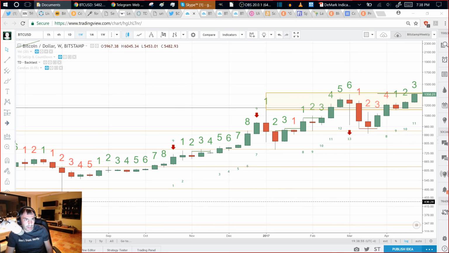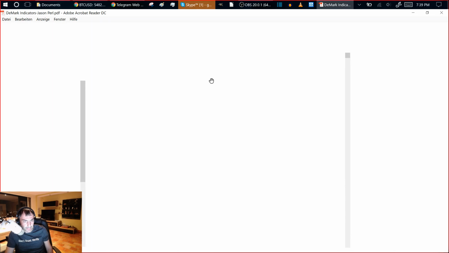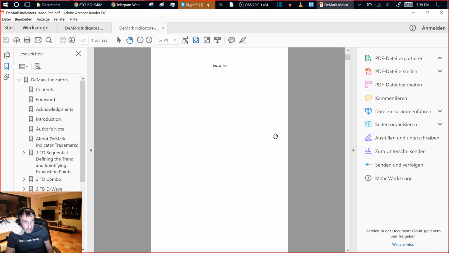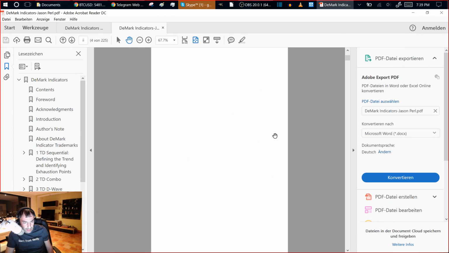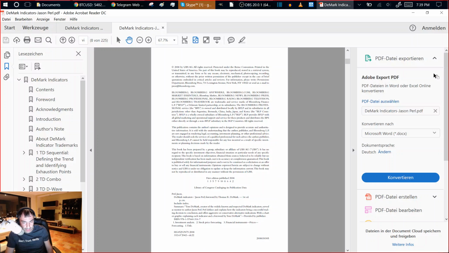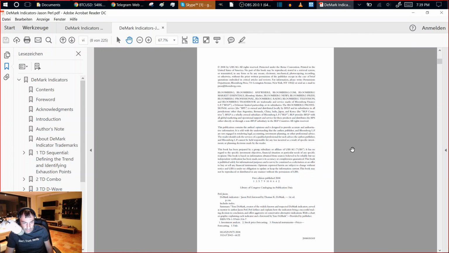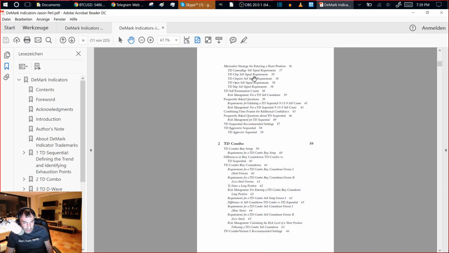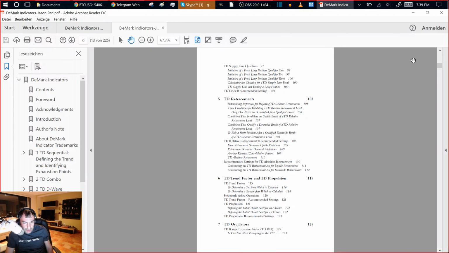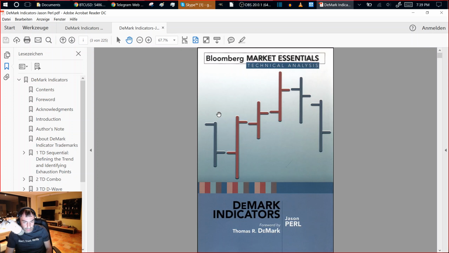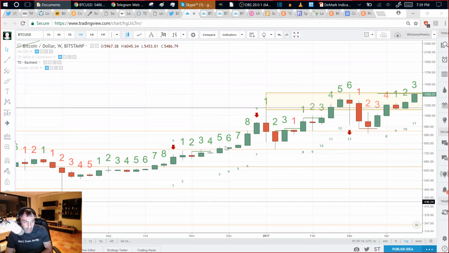So there is a book by Jason Pearl, and in this book, it's a nice 300-page book. Plenty of reading that could be done here. And in the book, so the book looks like this. In the book, this would be a skipped candle.